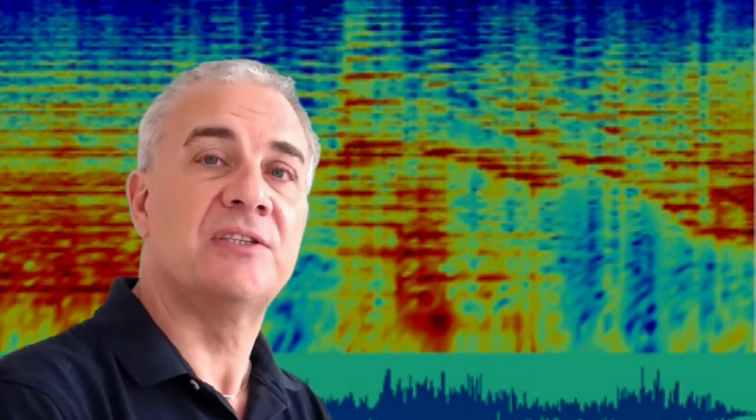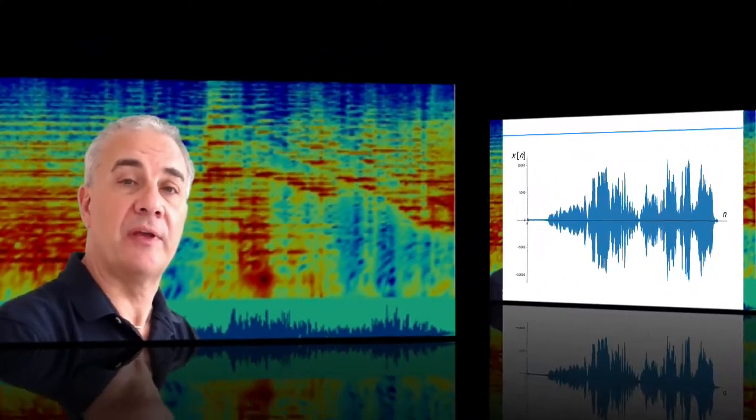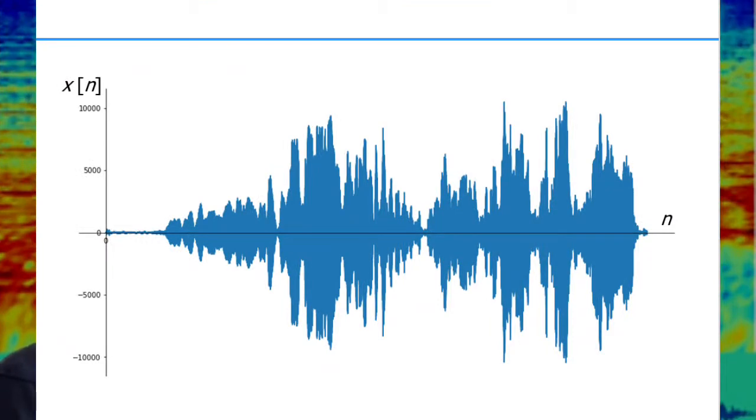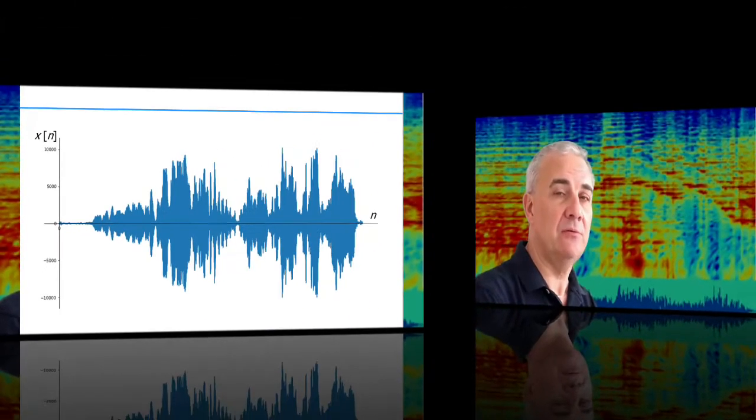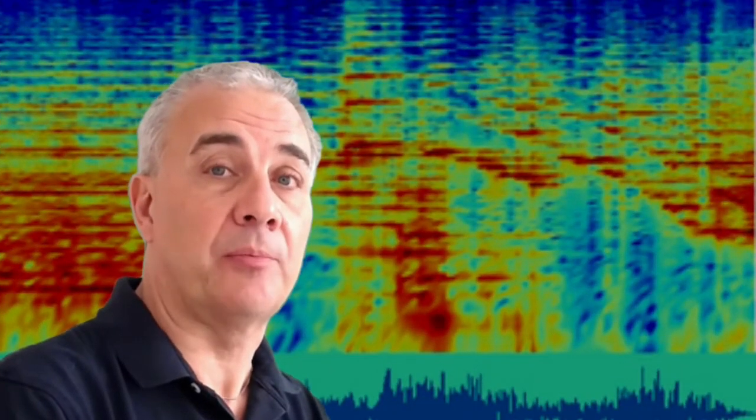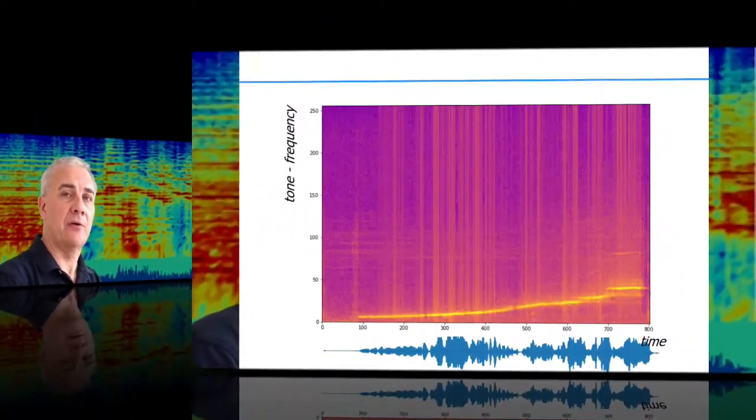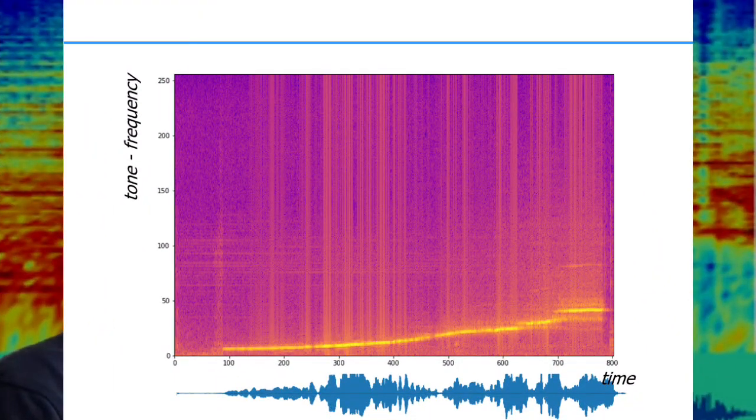Let us consider a simple example that shows the power of thinking in terms of frequencies. Any idea what this signal is? What it represents? How it sounds? Probably not, as it is very difficult for us to interpret the signal samples directly. Now look at this diagram calculated from the signal using the Fourier transform, called a spectrogram.